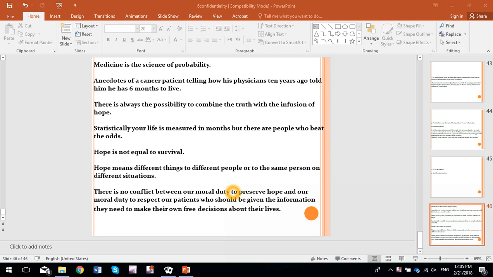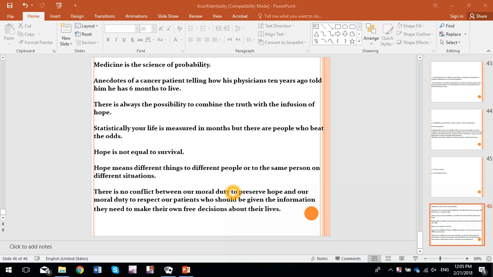There is always the possibility to combine the truth with the infusion of hope. Maybe this is the basis even for bad news. Telling the truth is there, but again it has to be supplemented with the infusion of hope.